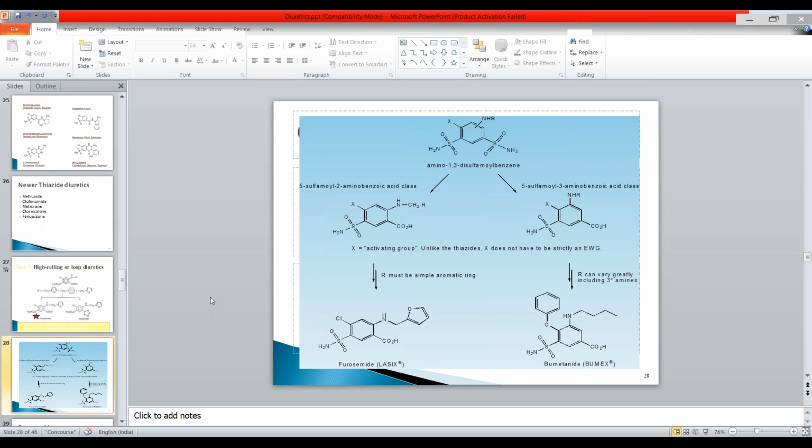Next point, the activating group X should be at position 4 and it could be a chloride, Cl, CF3, phenoxy, alkoxy, benzyl or benzoyl group.